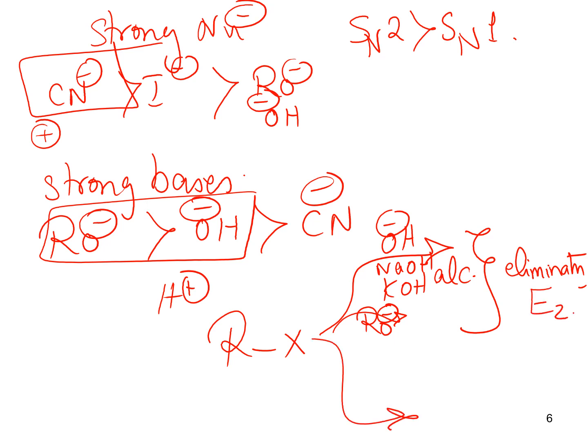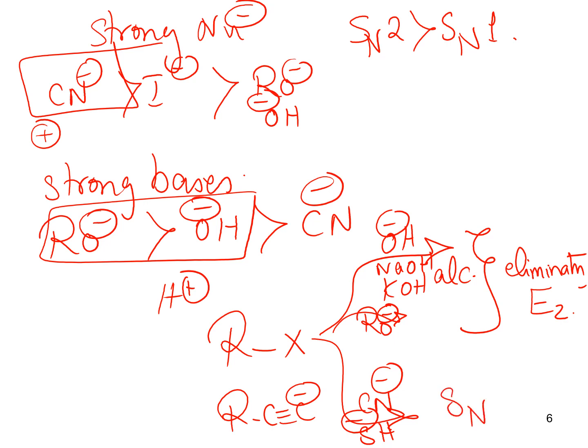However, if you are using a cyanide, a thiol, or any other moiety that is carrying a negative charge, but it's not a base, it's not an alkoxide, nor is it alcoholic potassium hydroxide or sodium hydroxide, you will think of the SN2 mechanism and you will perform a substitution reaction.